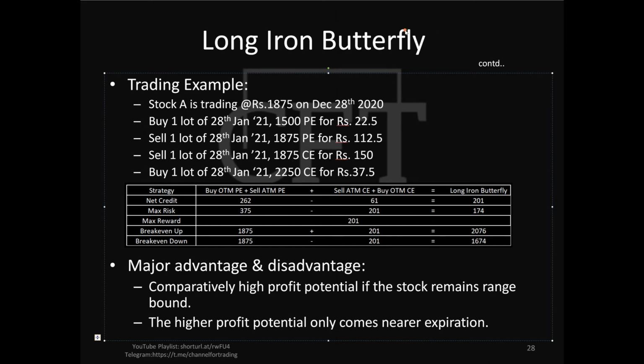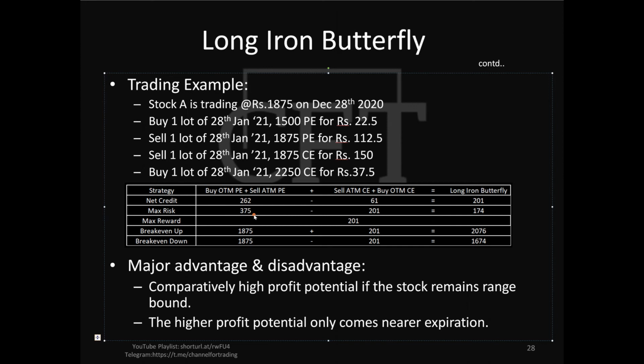And what is the premium I have paid for buying the options? I rounded it off and took it as 61 almost: 38 and 23, so it is 61. And net credit is 201.